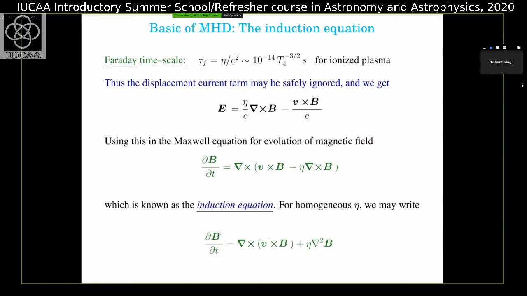You remember that in the Kelvin circulation theorem discussion, we had considered a barotropic fluid. So that means the gradient P cross gradient rho term was 0. That would be a seed term, and something similar will happen here also, but for a barotropic fluid, that will be 0.